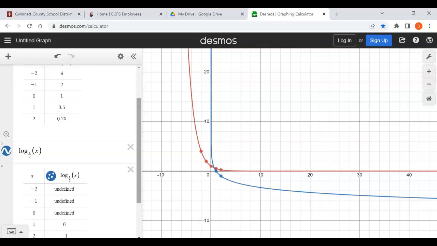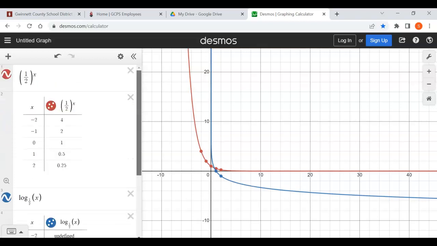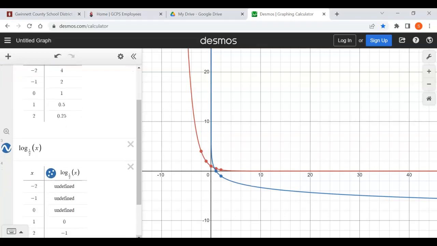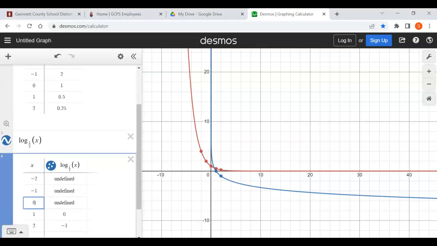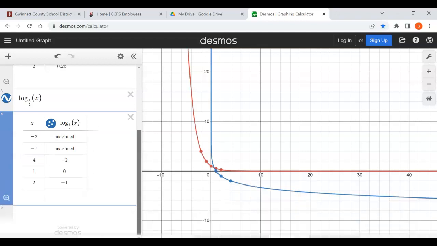That means if I put in 4, then we should get the output of -2 here. So let's see. If we put 4, there you go. Notice now how we ended up with that -2 value.